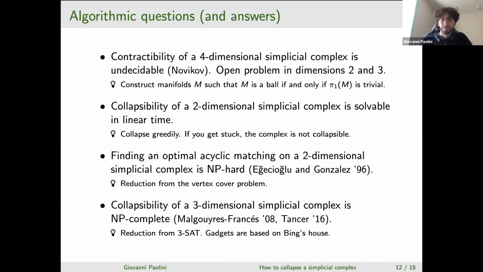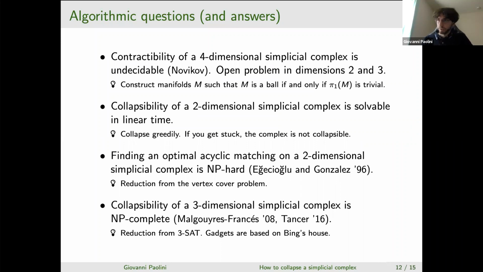And the proof is a reduction from the famous 3-satisfiability problem, the first NP-complete problem, we can say. And the reduction requires constructing gadgets associated with the literals in a 3-SAT formula.